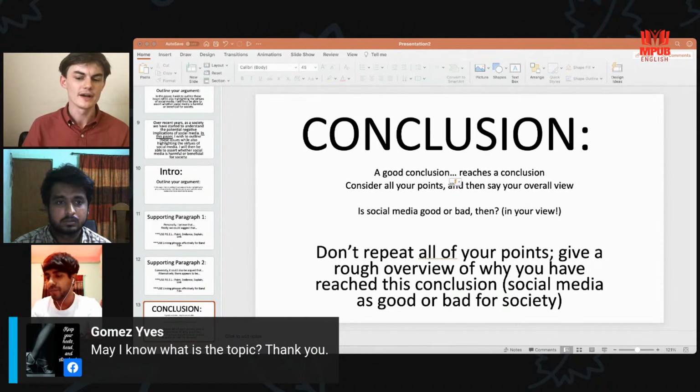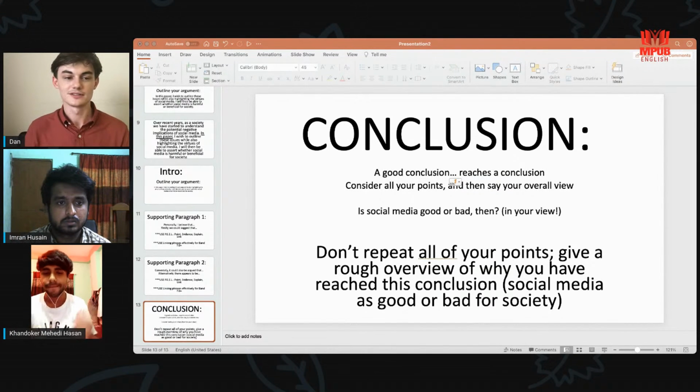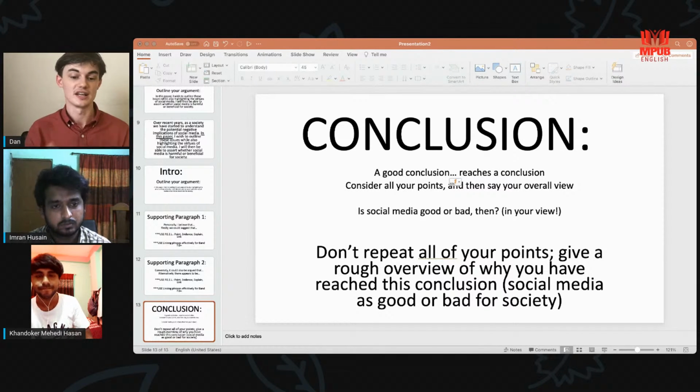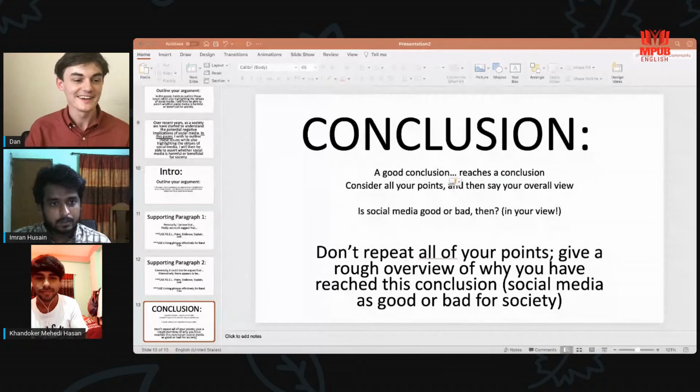Kandika has given some reasons why social media is good, and Imran is going to argue back with some reasons why it could be bad. That sense of debate is what you want in your essays. In the first paragraph you be Kandika, in the second paragraph you be Imran, and then you give a conclusion.